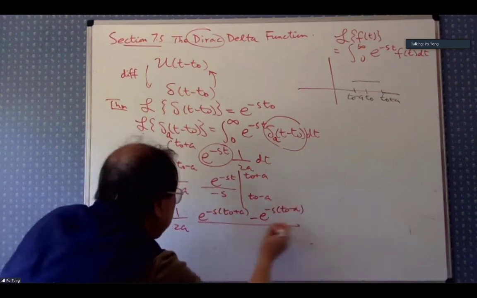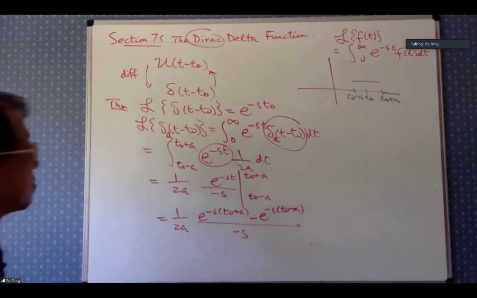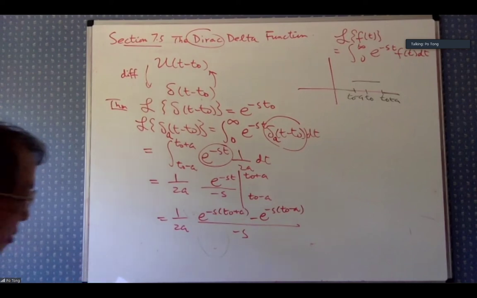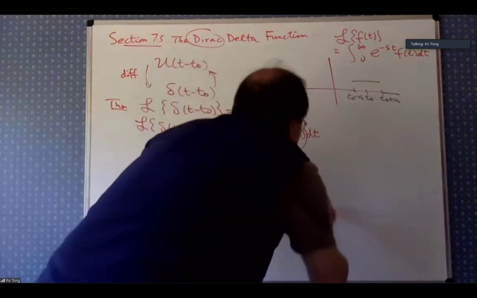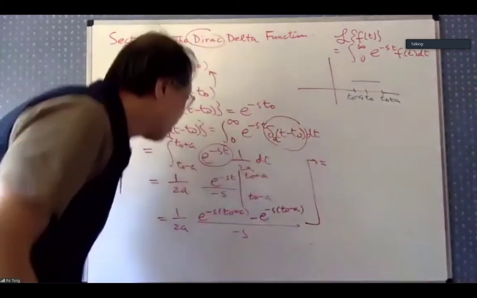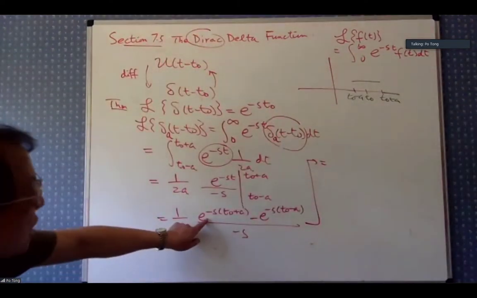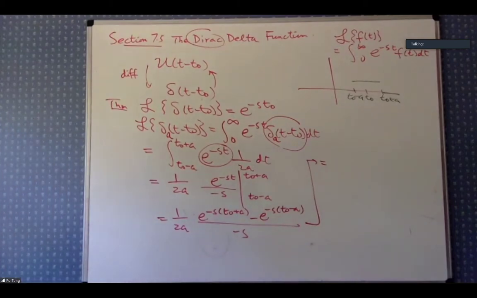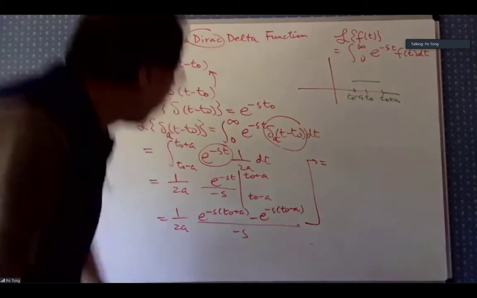The whole thing divided by negative s. So what do we have here? We will have some common factor. Can you see that e to the power minus s t naught is going to be common? So I'm going to take that out.